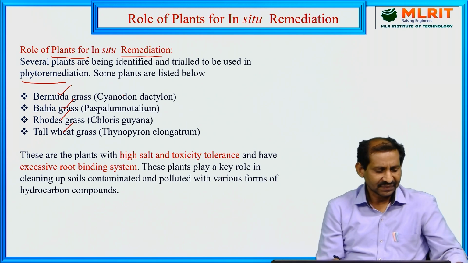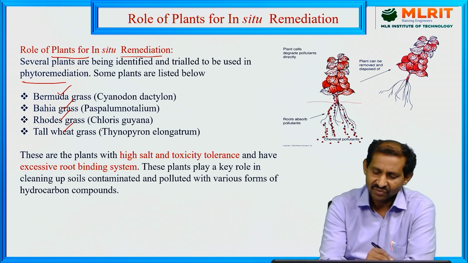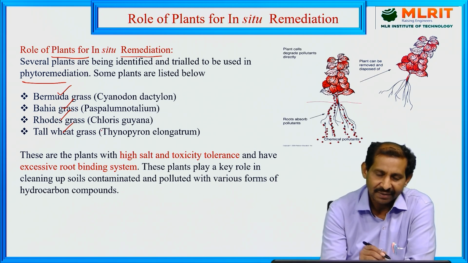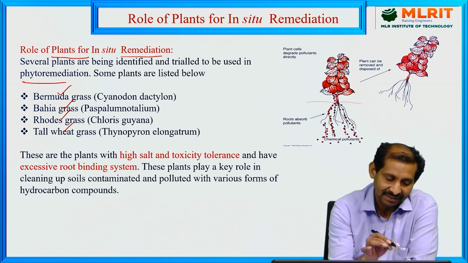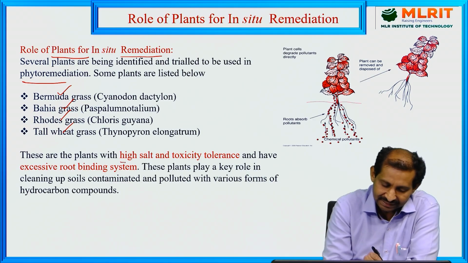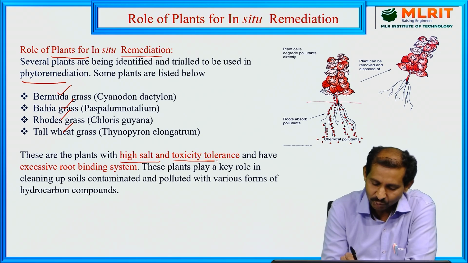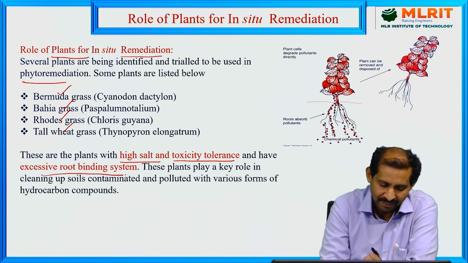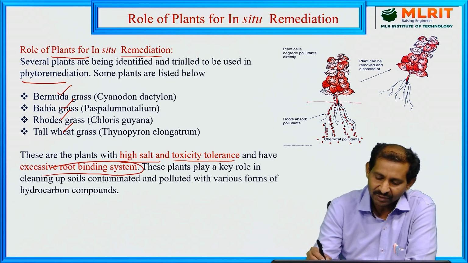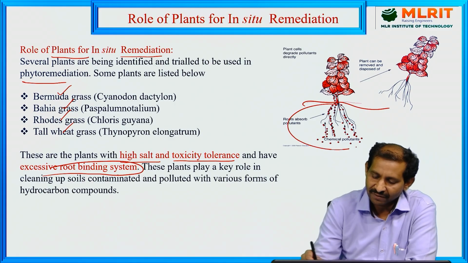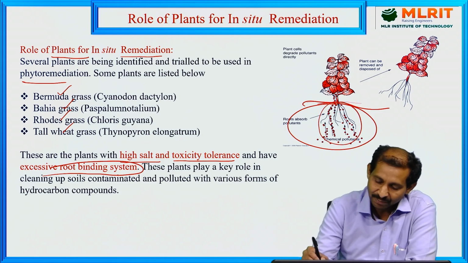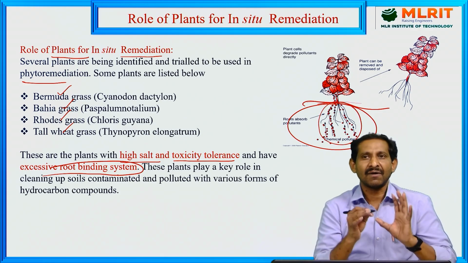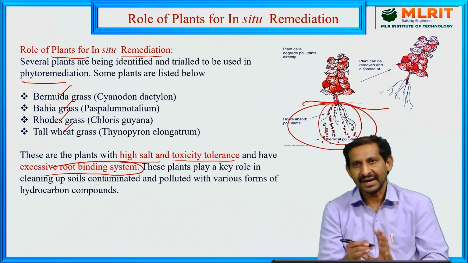These grasses, whatever the plant source, will be placed at the contaminated or polluted site. These plants have high toxicity tolerance and extensive root binding systems. For example, where there are a lot of pollutants, contaminants, or heavy metals, these plant roots have more binding capacity and easily absorb the pollutants or organic matter.